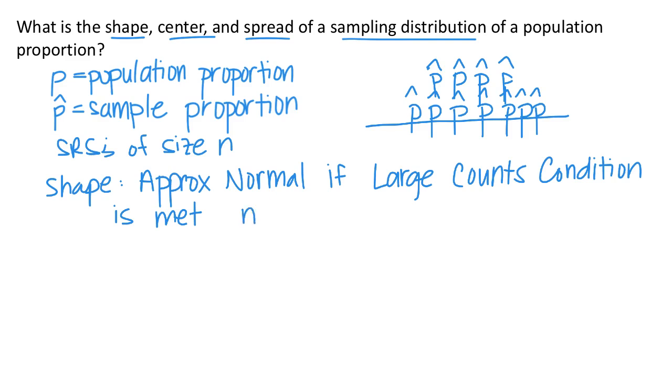So n, the sample size, times p, the population proportion, needs to be at least 10, and n times 1 minus the population proportion is at least 10.